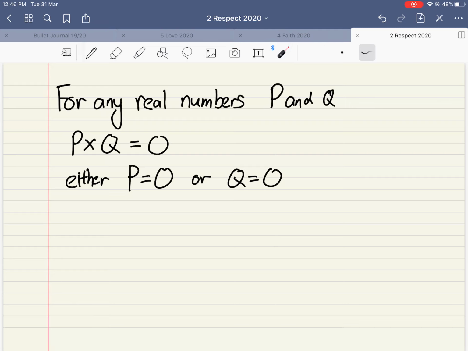For example, if p was 0 and q was 5, 0 times 5 will give you 0. Conversely, if p was 7 and q was 0, 7 times 0 will also give you 0. Hence, when presented with the product of two real numbers, p times q equals 0, we know that either p is equal to 0 or q is equal to 0.